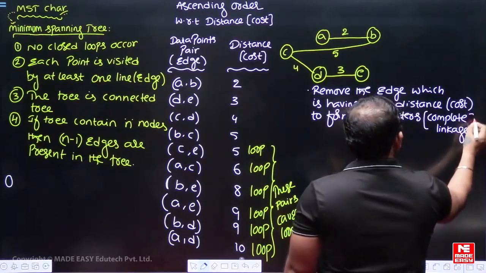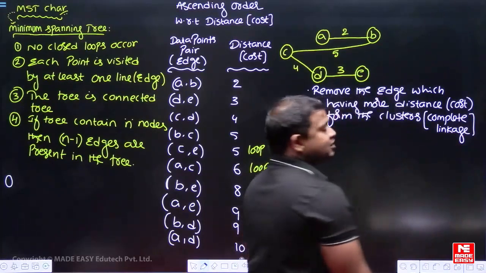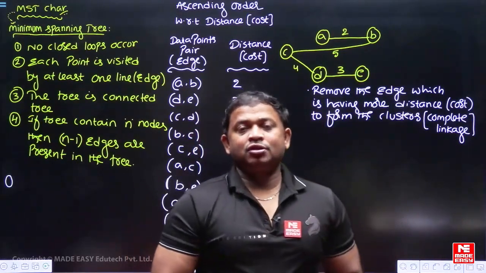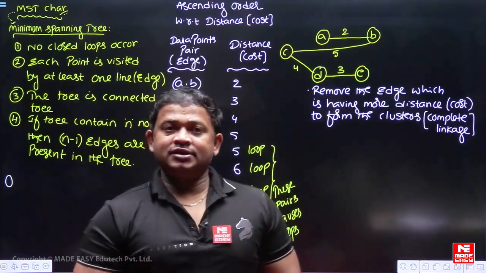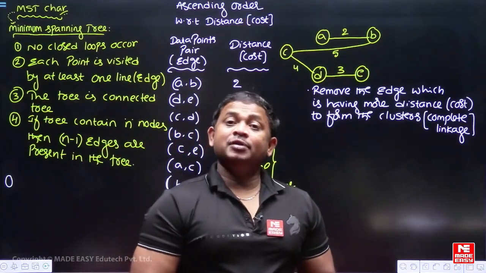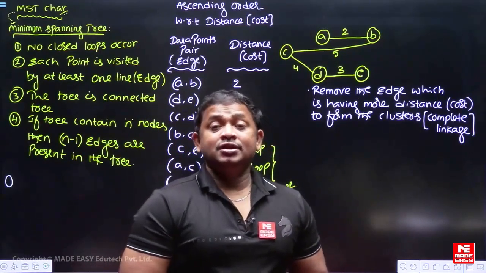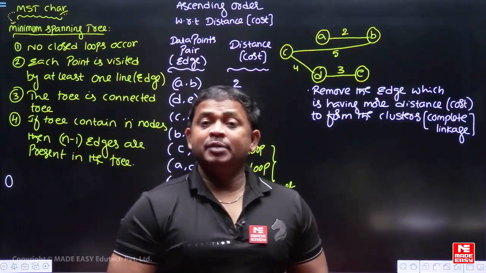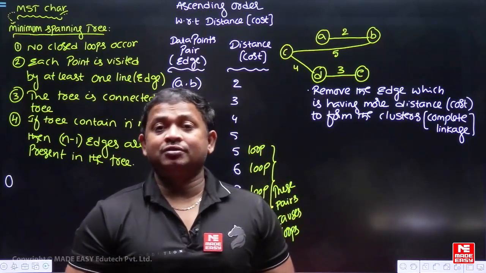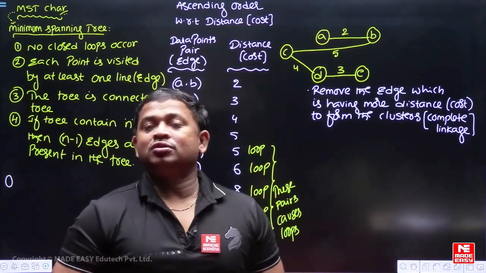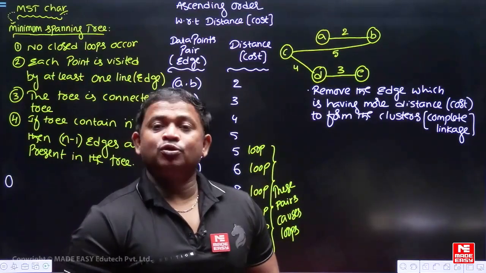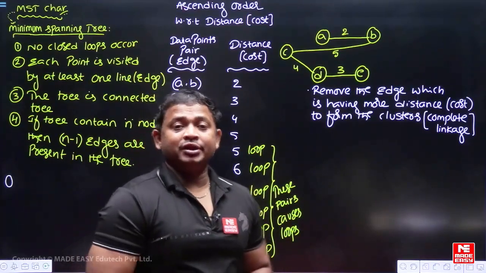If they are asking for single linkage, concentrate on the shorter distance. Shorter distance means similarity will be more between the clusters. When similarity is more, there may be a possibility of misprediction. When dissimilarity is more, no mispredictions are possible, so predictions are accurate.